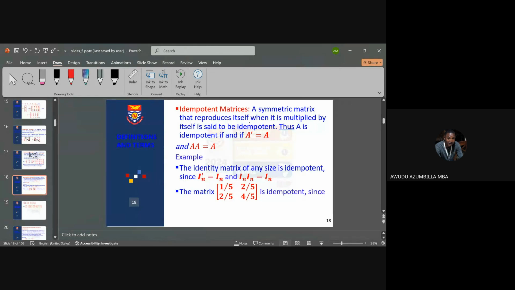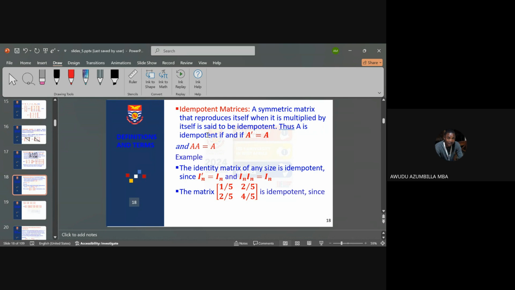Idempotent matrices. An idempotent matrix is a symmetric matrix that produces itself when it is multiplied by itself. So if you multiply a matrix by itself and it is equal to its original matrix, then it's called an idempotent matrix.